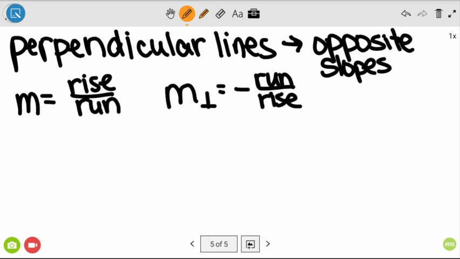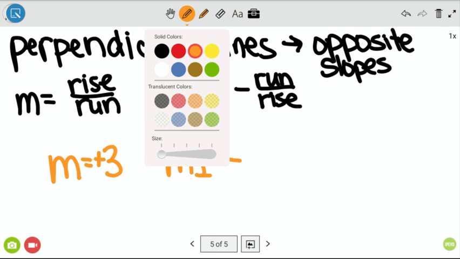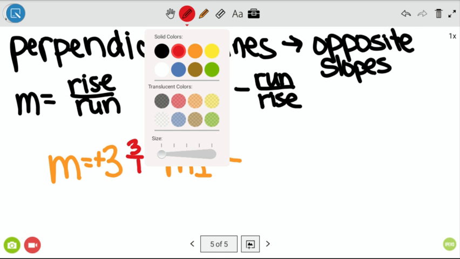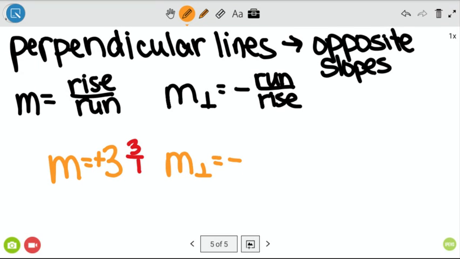So this is just an example. So if I tell you that you have a slope of +3, the perpendicular slope would be an opposite sign. So since the first slope I gave you is a positive, this perpendicular slope is a negative. And then a whole number 3 is really 3/1. So the perpendicular slope, we flip that fraction around.